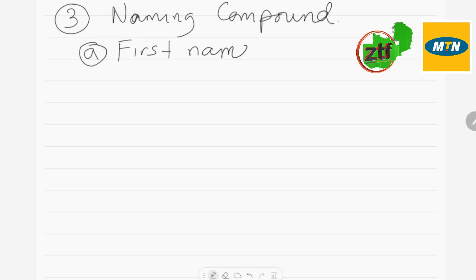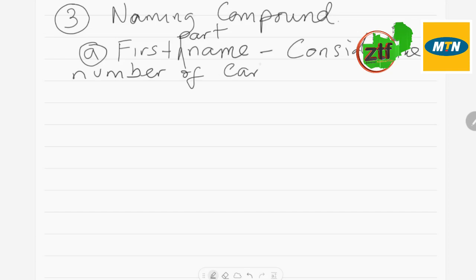To know the first name, we consider the first part of the name. We consider the number of carbon atoms.